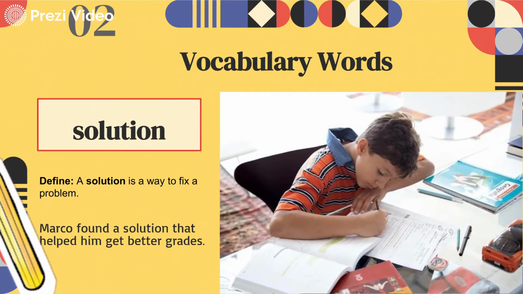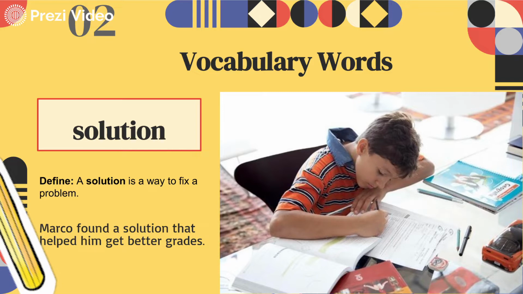Next, I have the word solution. A solution is a way to fix a problem. It can also be an answer to a question. Okay, for example, Marco found a solution that helped him get better grades.